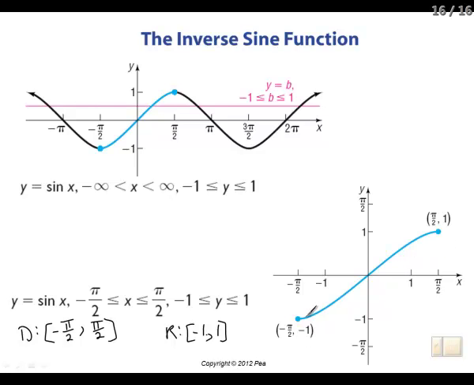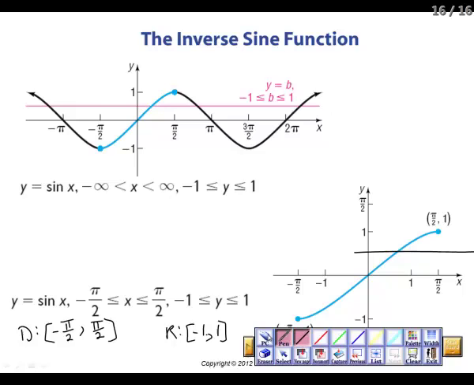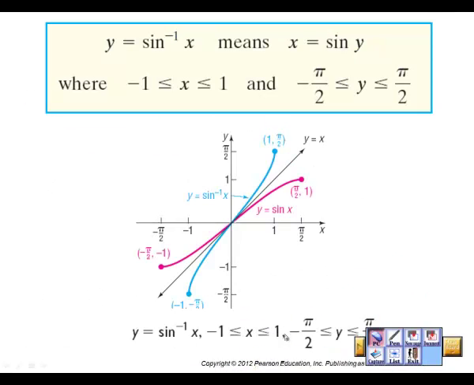This is what it looks like graphically, and here we see that it passes the horizontal line test, so our sine curve is now one-to-one when we restrict that domain. Here is y equals sine in red, and here's that negative pi over 2 to pi over 2.